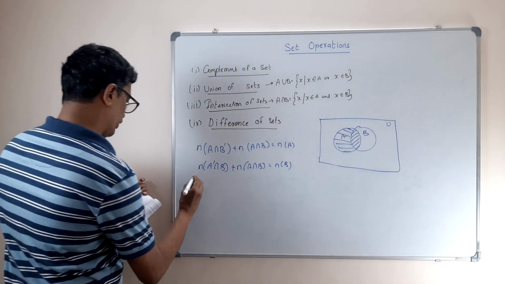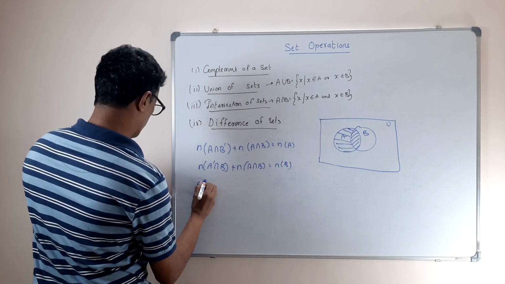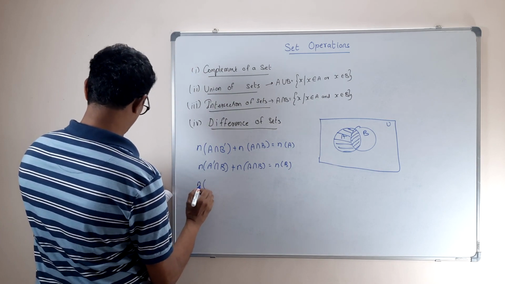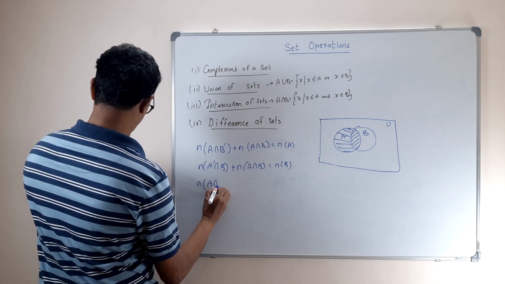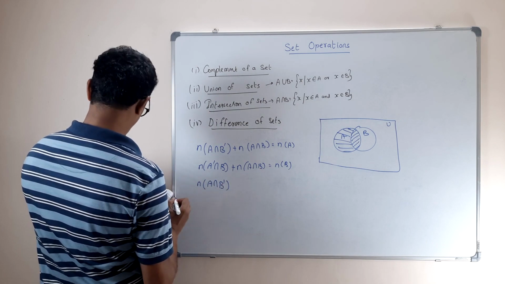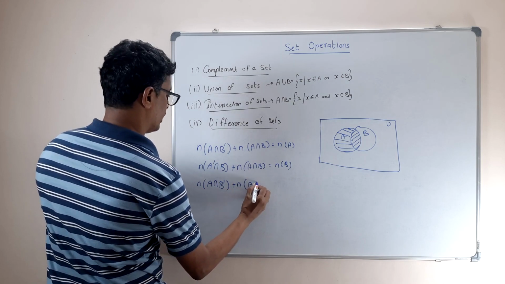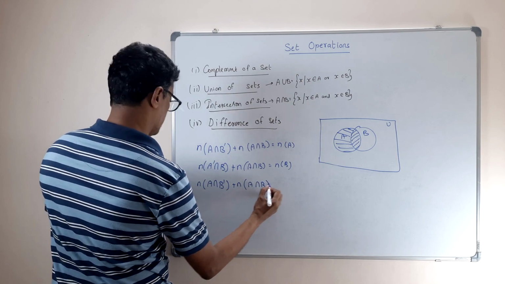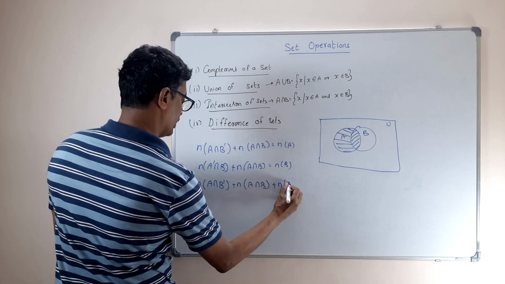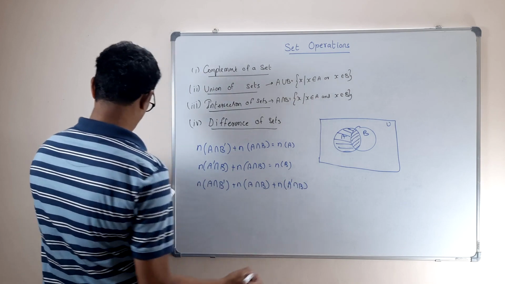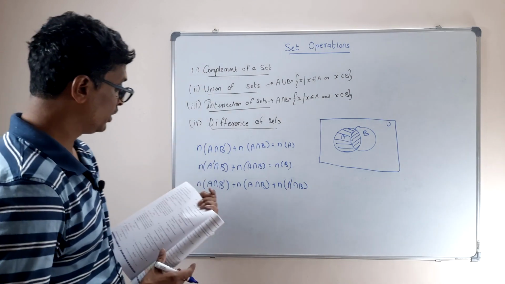Okay, so then we have N of, and this N of means cardinality, always remember, A intersection complement of B plus N of A intersection B plus N of A complement intersection B will be what? Tell me.